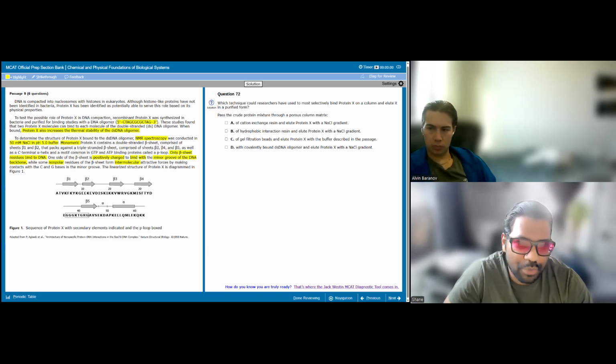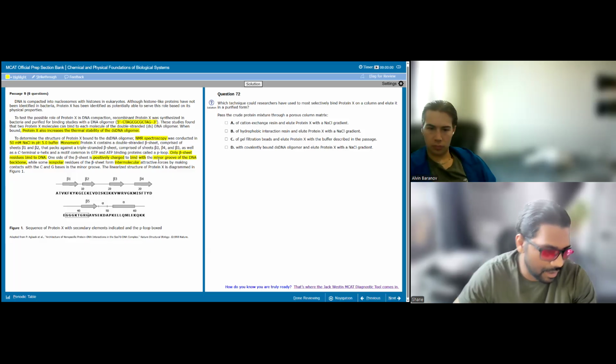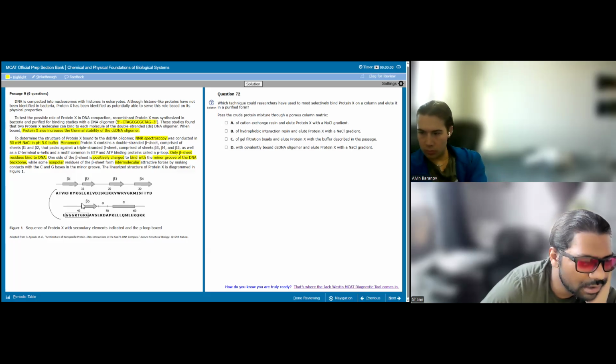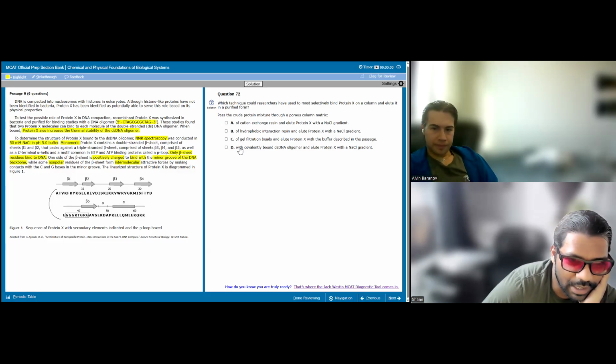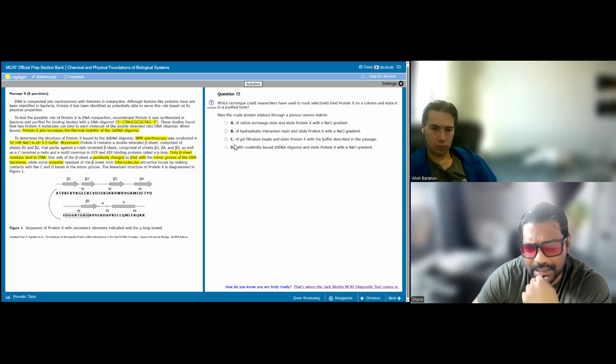Okay. Protein X, let's see what they said about it. Part of it's positively charged or something. Okay, cation exchange resin and eluting protein X with a sodium fluoride gradient, hydrophobic interaction resin, gel filtration beads, that's like size exclusion.